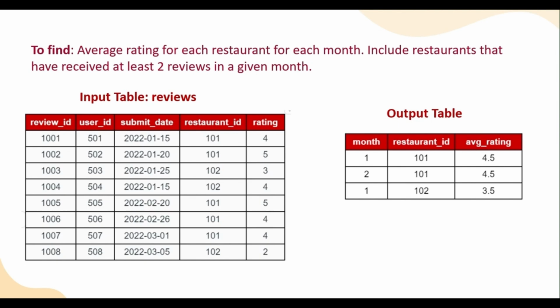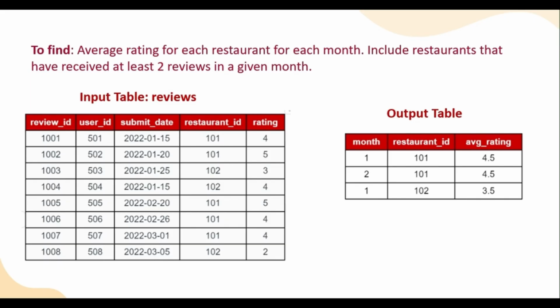If you see the input table, there are 2 restaurants with the ID 101 and 102, and the review details have been provided here. For restaurant ID 101, there are 5 rows of reviews in total. Looking at the submit date, there are 2 reviews in the month of January 2022, 2 reviews in the month of February 2022, and 1 review in the month of March 2022.